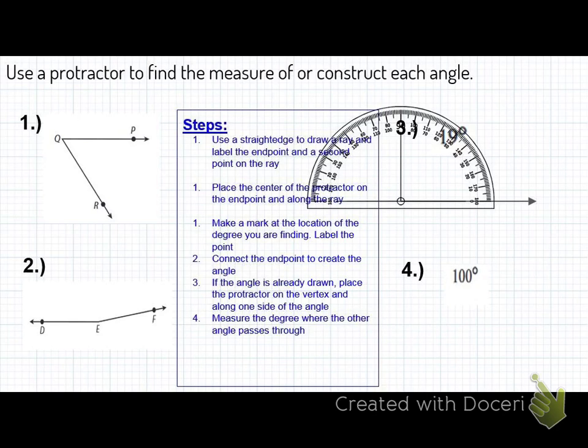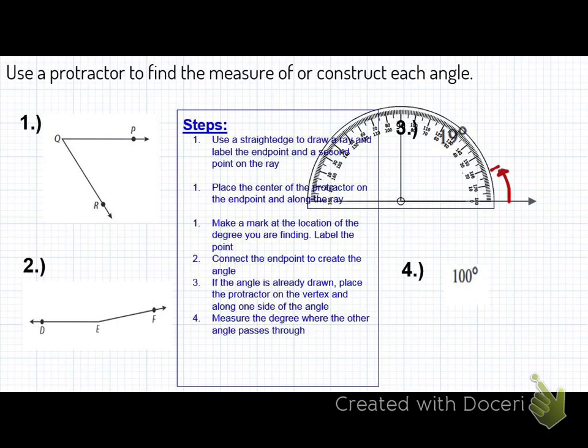Okay, it's asking for a 19 degree angle measure, so I'm going to go up only 19 degrees, and if you look here, 19 is going to be right here. Okay, so now I'm going to make a little mark here at the edge of 19.